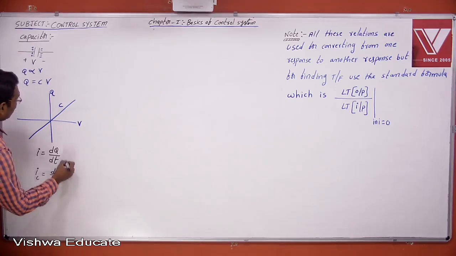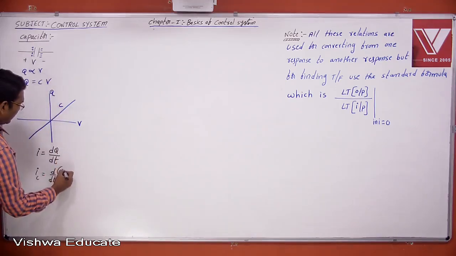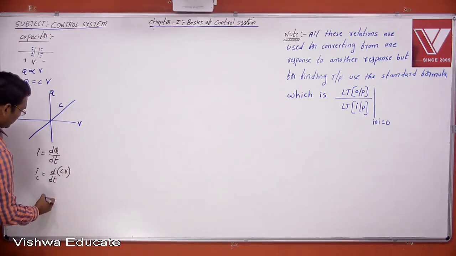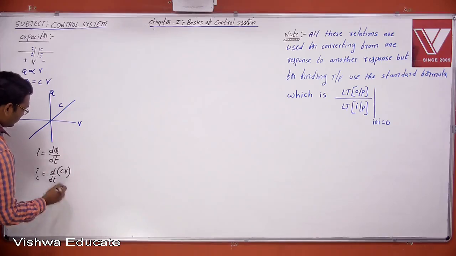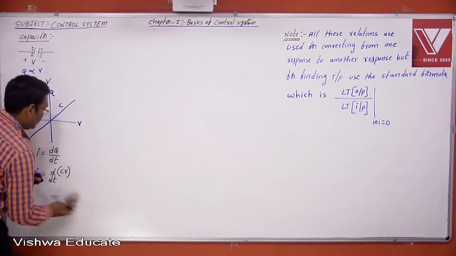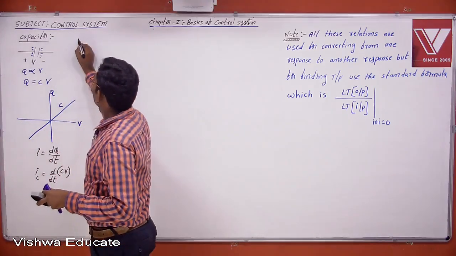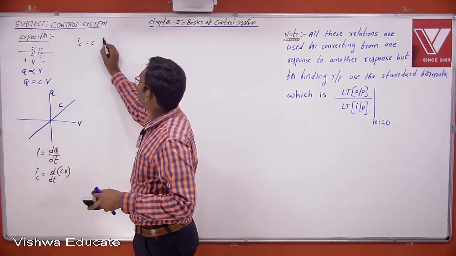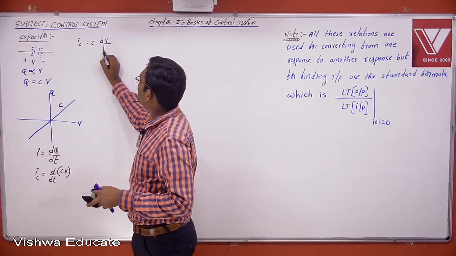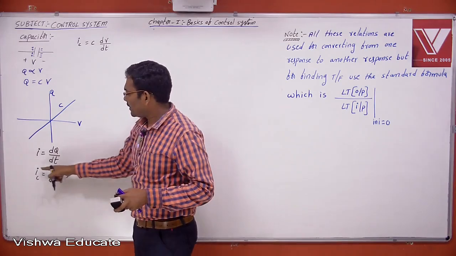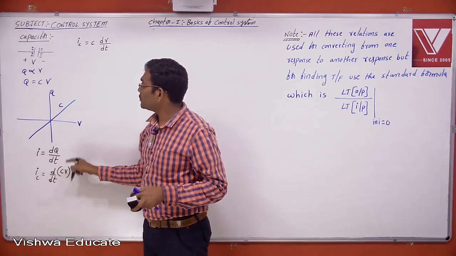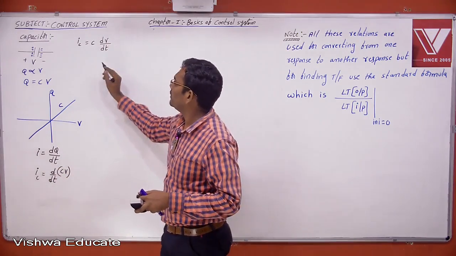What is the charge? Charge is C into V. Therefore, the current passing through the capacitor, IC, is equal to d by dt of C into V. C is constant, so IC equals C into dV by dt.